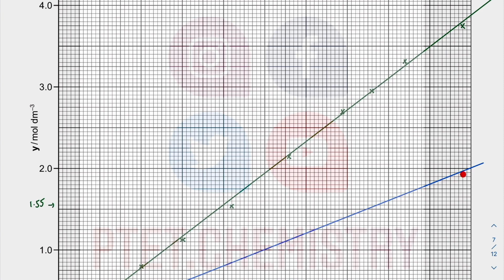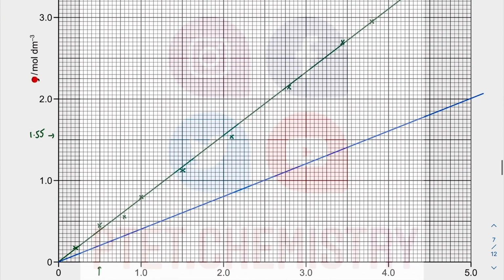The steepness of the slope is lesser, so you get less product compared to your reactants for that specific concentration of your reactant, as a result of Kc being smaller. So your Kc decreases as temperature increases, because your forward reaction is exothermic.